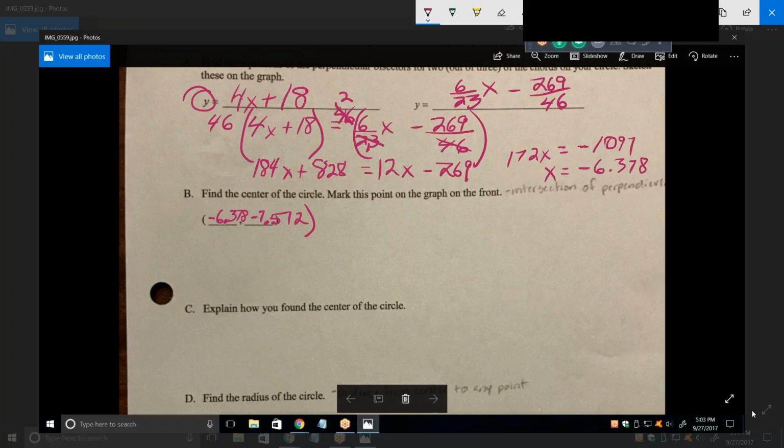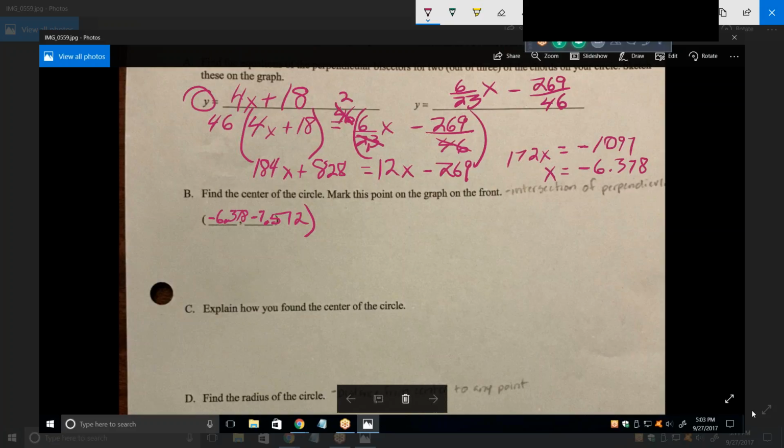Explain how you found the center of the circle. So I combine the two equations to find x. You equate them. You let one of the equations of the perpendicular bisector equal the other, knowing that from geometry they are going to intersect at the center of the circle.